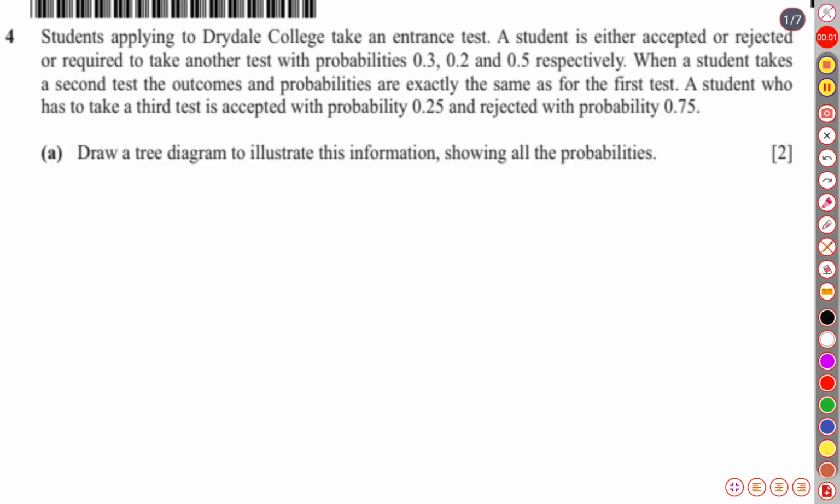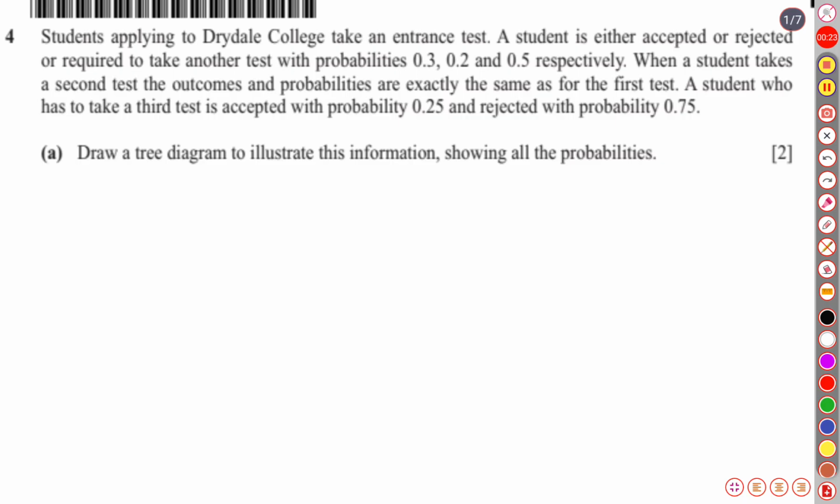Well, the immediate next question says students applying to Drydale College take an entrance test. A student is either accepted or rejected or required to take another test with probabilities 0.3, 0.2, and 0.5 respectively.